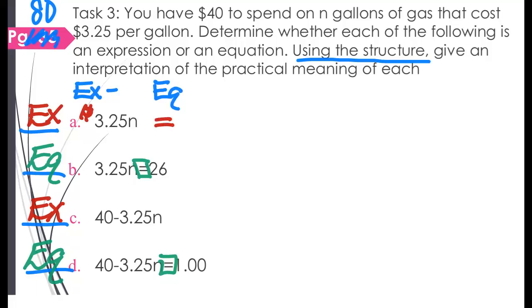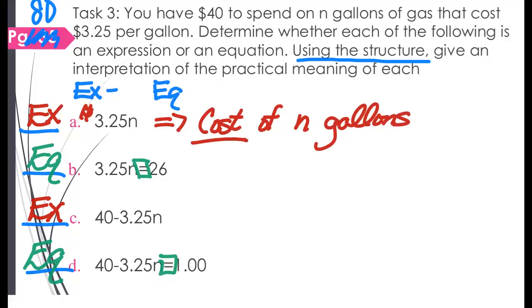So when you say 3.25n, what is that representing? Say it louder. It's not amount per gallon. We know $3.25 is the amount per gallon. This is showing the cost of n number of gallons, of n gallons of gas.